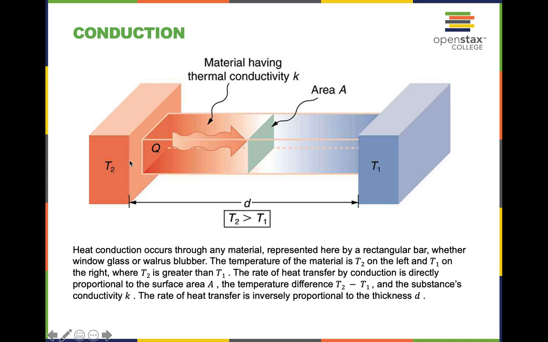The rate of heat transfer by conduction is directly proportional to the surface area, A. So this little surface area right here. The temperature difference, T2 minus T1, and the substance's conductivity, K. The rate of heat transfer is inversely proportional to the thickness D. So the thickness between here.